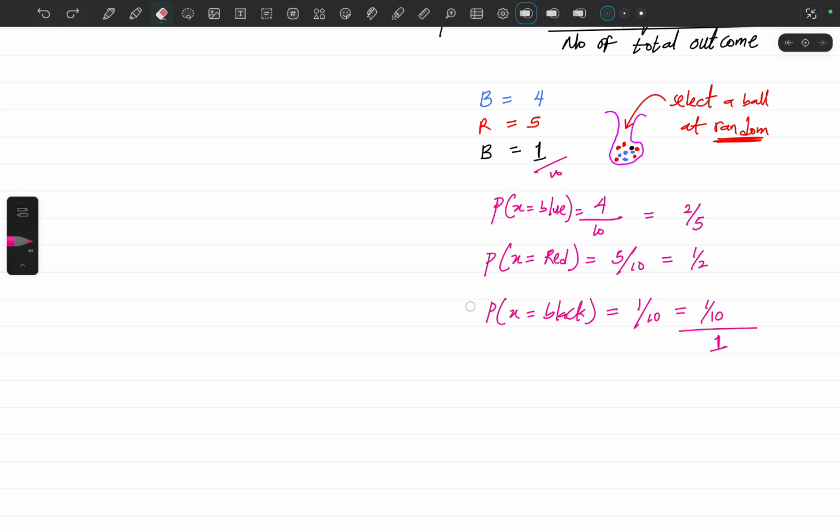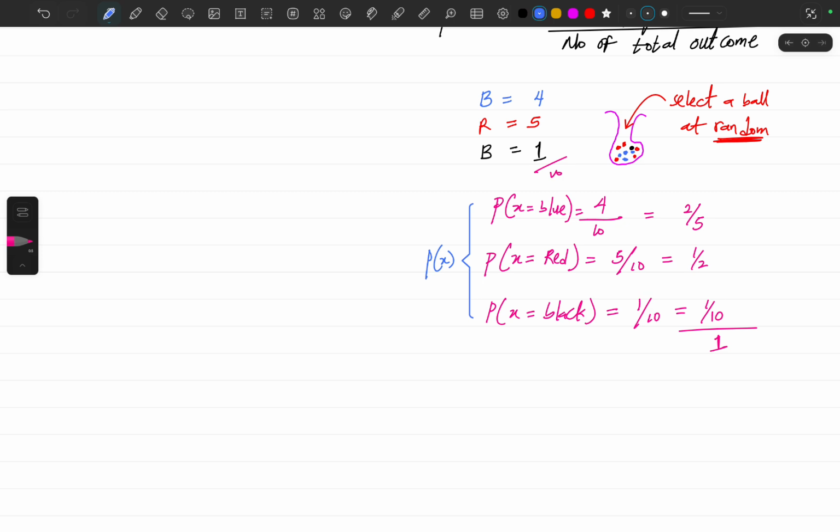I'm showing you a principle here, so you guys will know. Each of the things I carried out here is probability of X, where X could be blue, red, black, it could be anything. That's everything I carried out here.